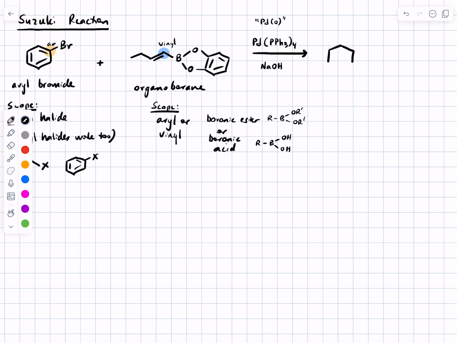So here's the product, and I'll illustrate, in red, the new bond that we made. And here is the orange aryl carbon, and in blue, the vinyl carbon. Notice we've made a new carbon-carbon bond between aryl and vinyl.